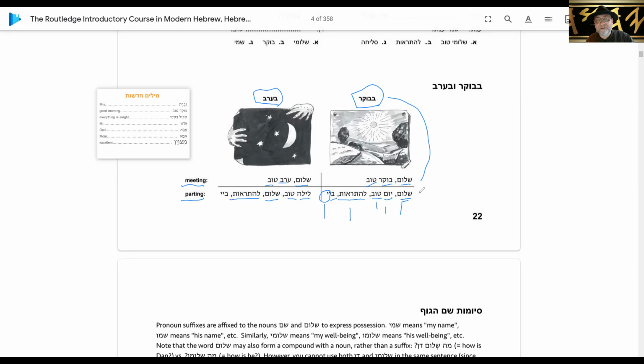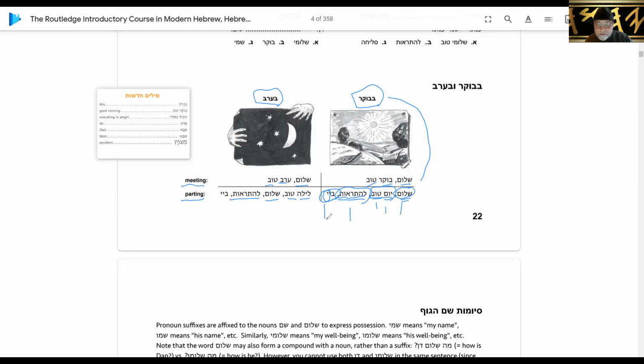Okay, so I know what's going on here. See, I thought this was a continuity here. It's not. These are several different ways to part. You could say Shalom, which is bye, good day, bye, Lahitra, see you later, and I don't know what this parentheses would be.